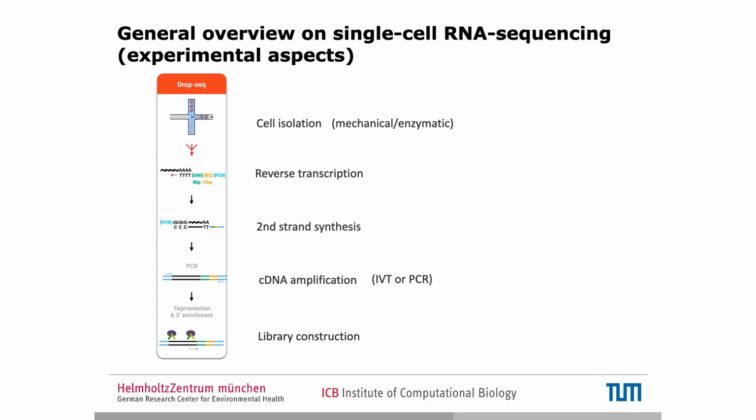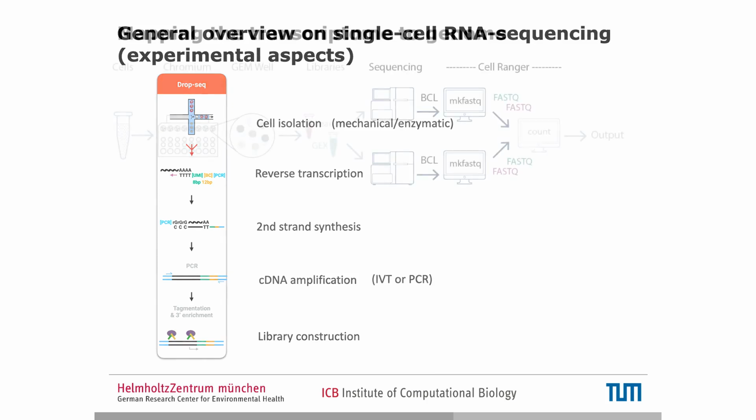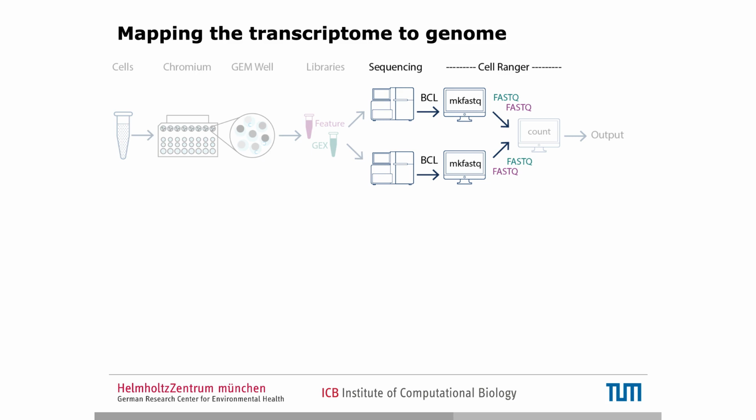Okay, so we have constructed a library. Now we map the transcriptome to the genome, after sequencing. What the sequencing core facility usually does is create so-called BCL files, and they're then transcribed into FASTQ files.